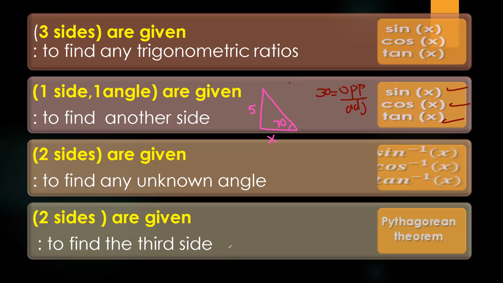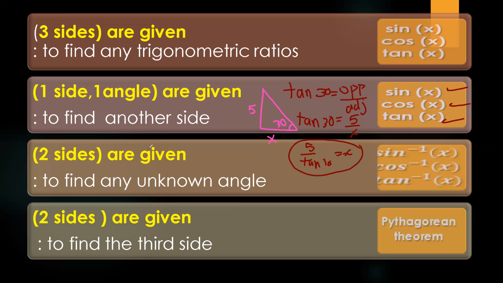Opposite over adjacent is tan. So tan of 30 will be 5/x. Then 5/tan 30 will be x. So this is the way to find the length x. If you have only one side and one angle, you need to use one of these trigonometric ratios.